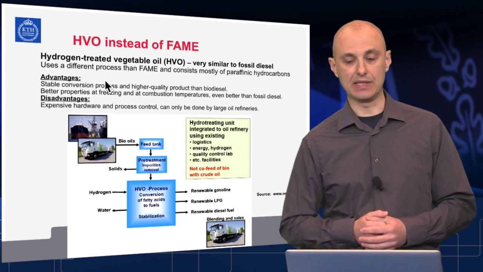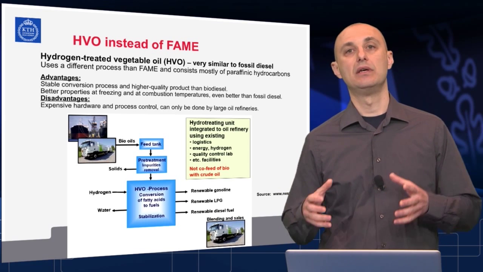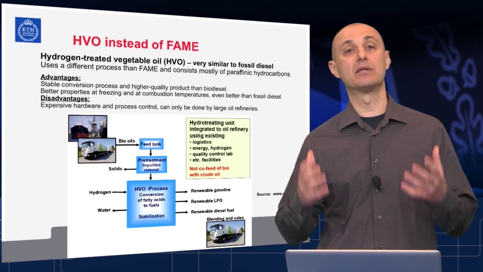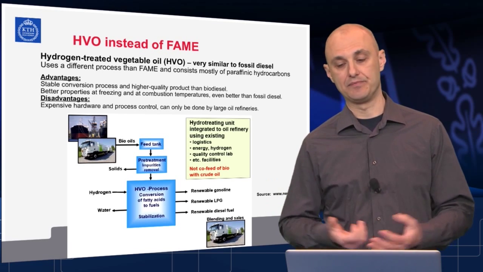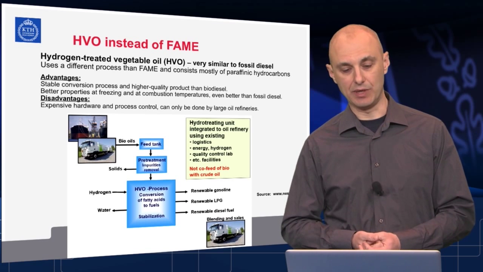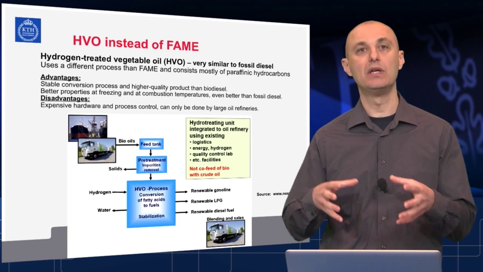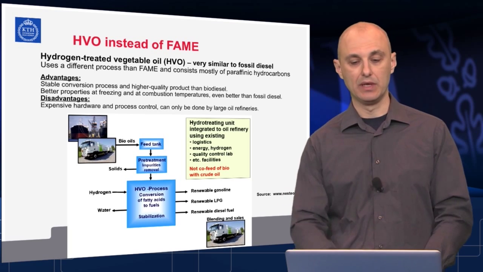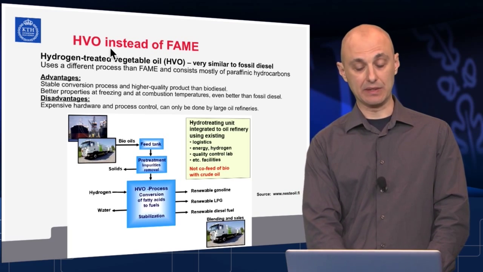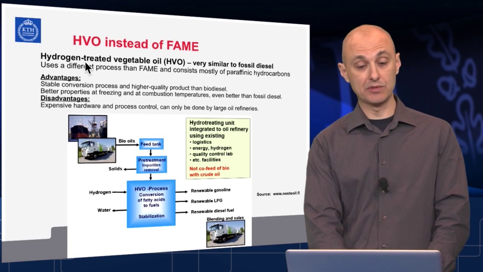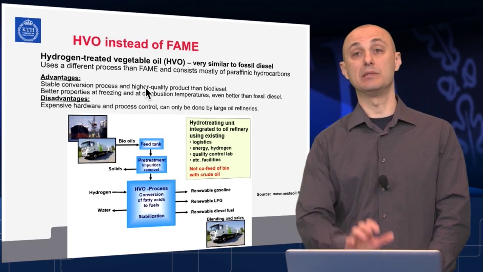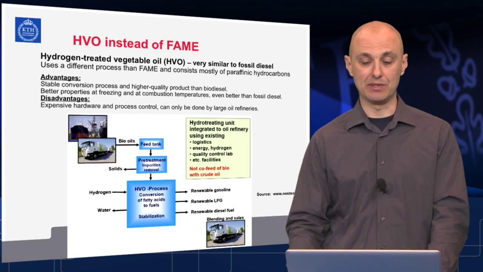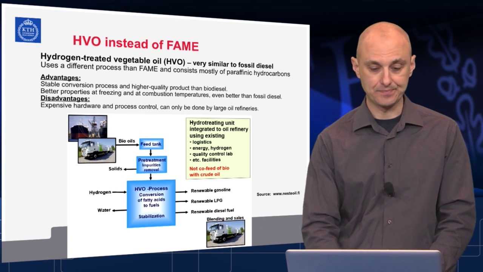The point is that the final result is supposedly better than the typical biodiesel, but we can term it biodiesel again. It is the same target that we have, converting the straight oil into something that better matches the typical diesel fuel. And the developers of this method claim that the hydrogen-treated vegetable oil is much better than biodiesel regarding matching the parameters of the fossil diesel.